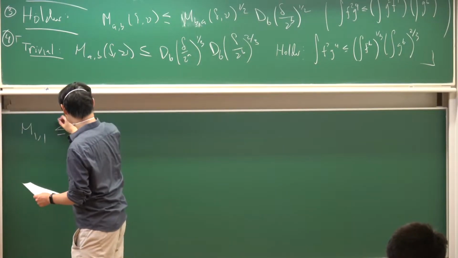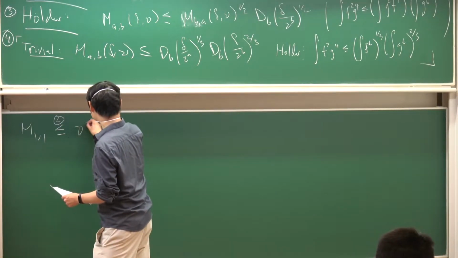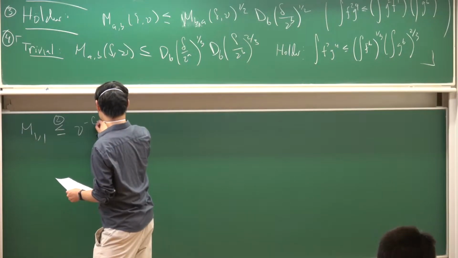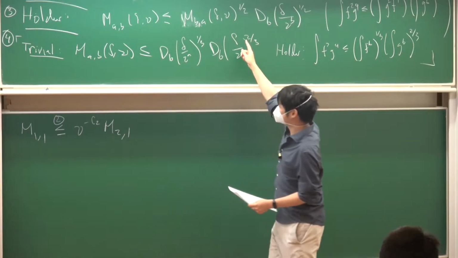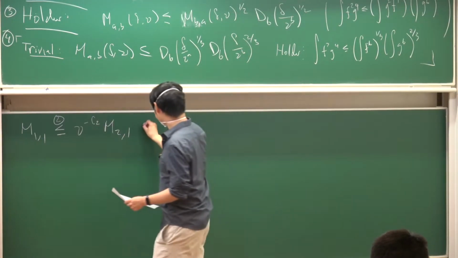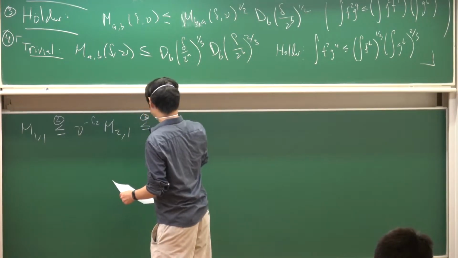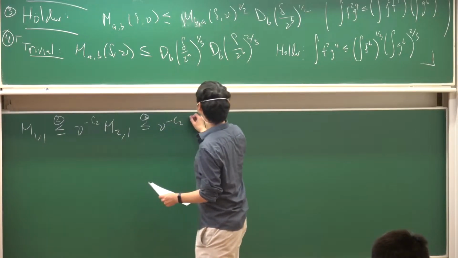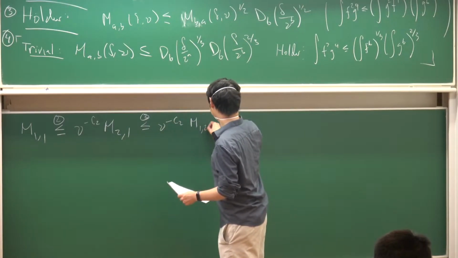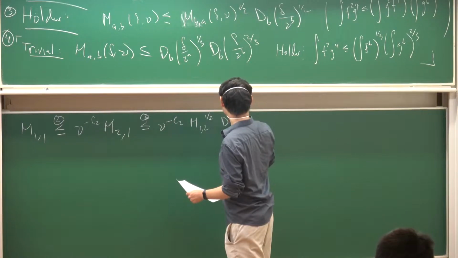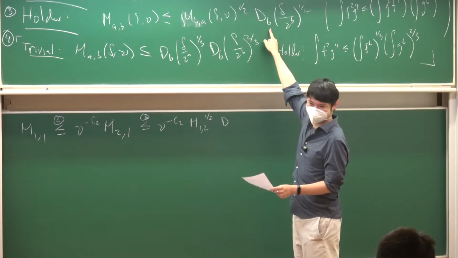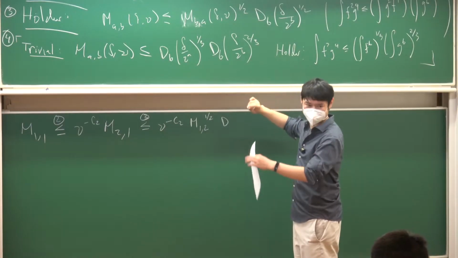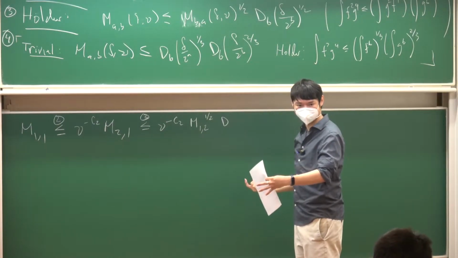By 2, M11 is controlled by ν to the negative C2 times M21. Once I do 2, I need to use 3. And then by 3, C2 times M12 to the 1/2 times D. I'm also going to be lazy and drop writing the 6 because it'll be implicit. I'm just going to write D of δ rather than D6 of δ.